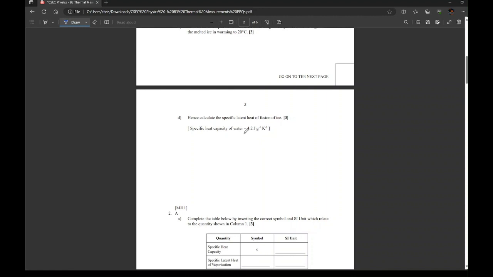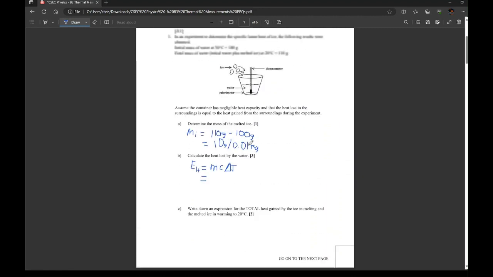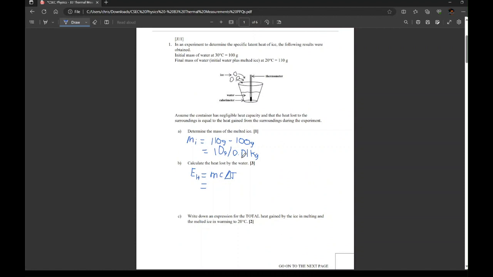So if I multiply that by 1000, I'll get 4200 joules per kilogram per Kelvin. So that's what I'm going to be using. I'm also going to be converting this 100 grams to kilograms as well. If you divide 100 by 1000, that's 0.1.